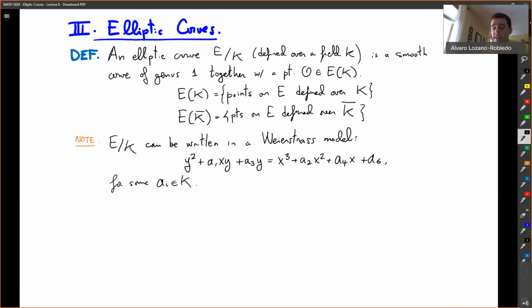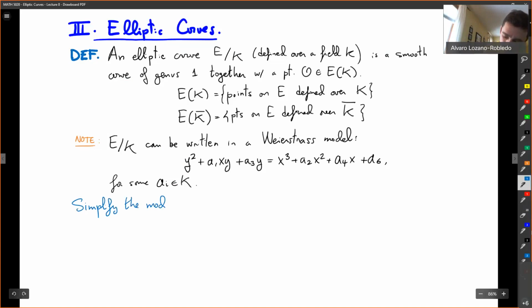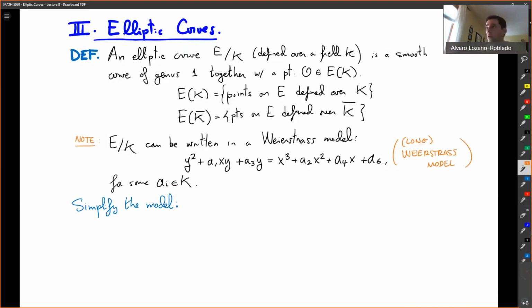So one can simplify this model in several ways. This is sometimes called a long Weierstrass model, and you can typically bring it to a short Weierstrass model.